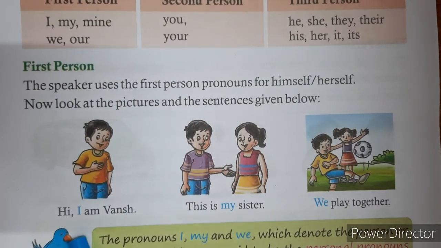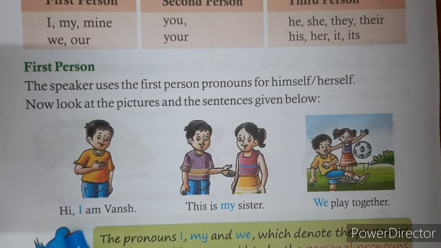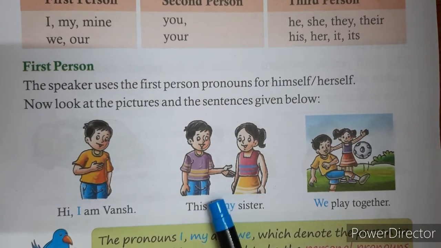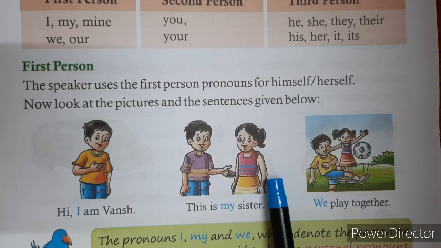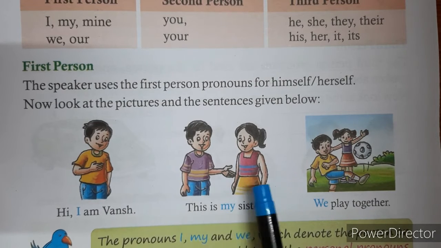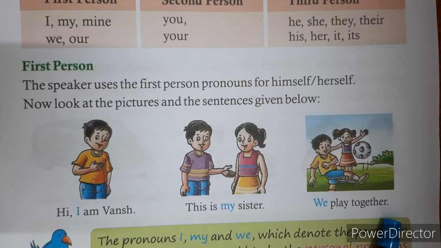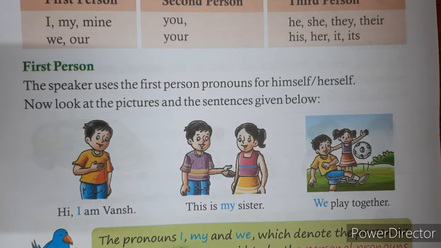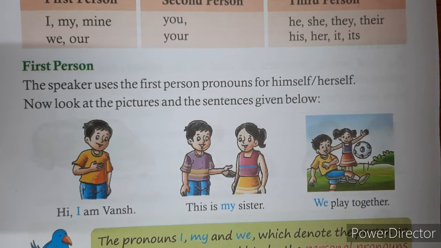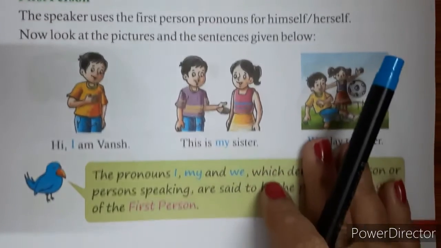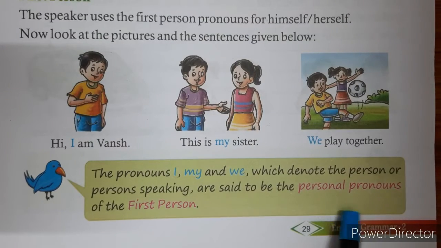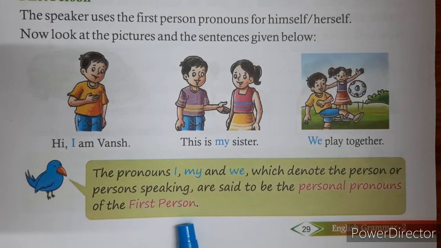He is introducing himself and he is saying, hi, I am Vansh. This is my sister. We play together. The pronouns I, my and we, which denote the person or persons speaking, are said to be the personal pronouns of the first person.